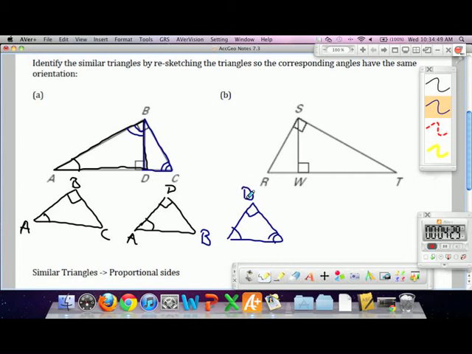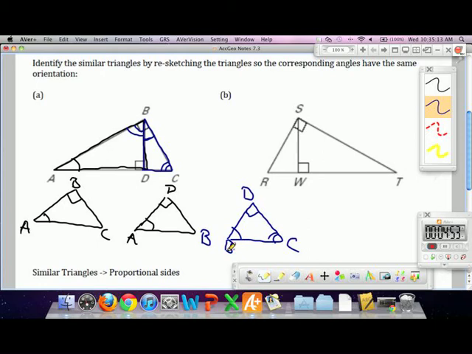What angle corresponds to angle C in the big triangle? C, they're both shared. So then what's left over? That forces this smaller part of B to have the same measure as angle A.